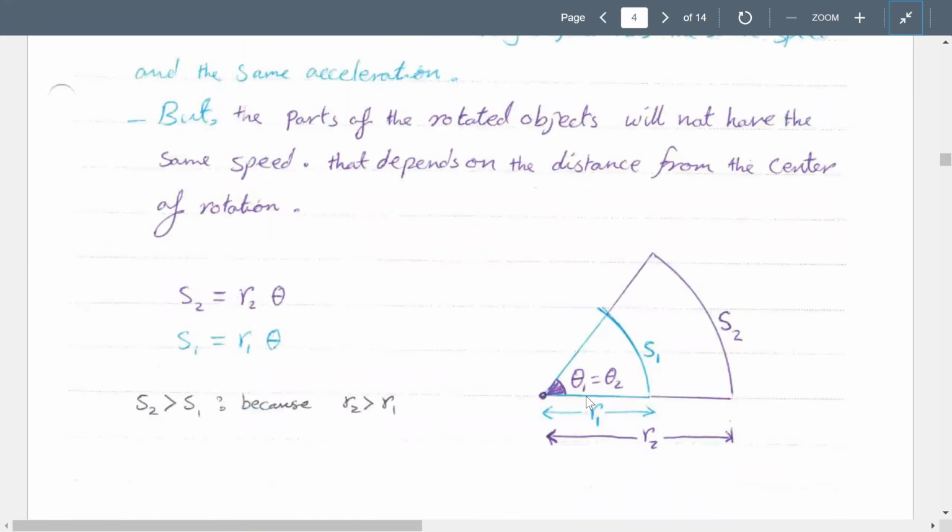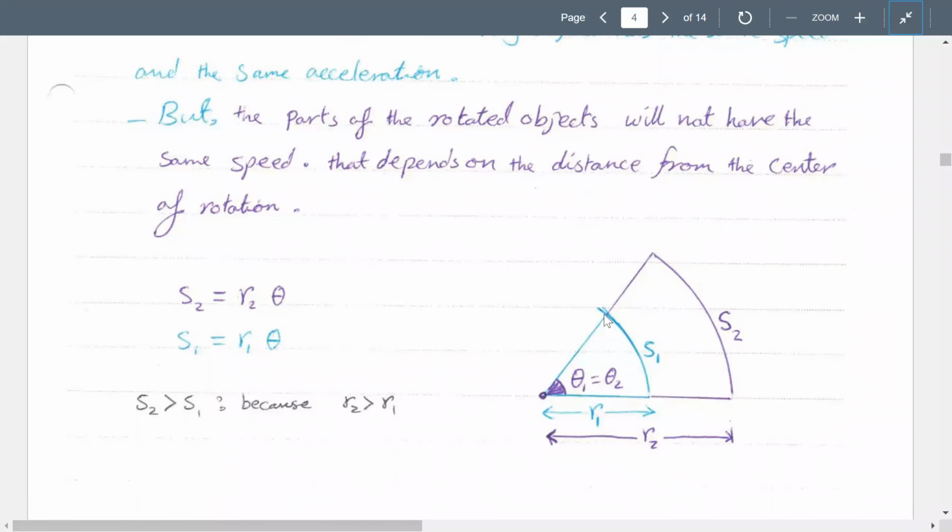If we have a stick, and this stick has a length R2, with a part at R1, when we rotate it, the linear speed at R2 here is faster than the speed at R1. You know that.